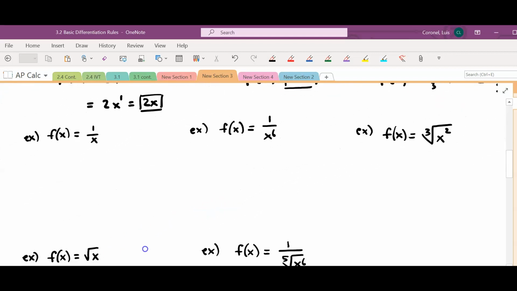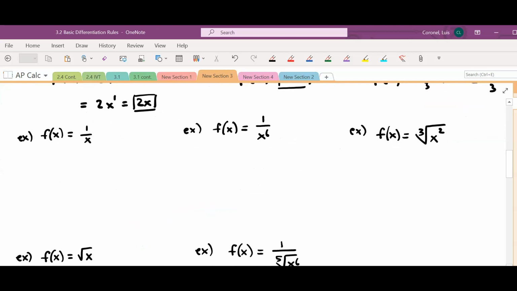Alright, next example. So we want to find the derivative of 1 over x. So, here's your tip. Change to a power. How could you rewrite 1 over x as a power? Well, you could say 1 over x has a power of 1, invisible 1.